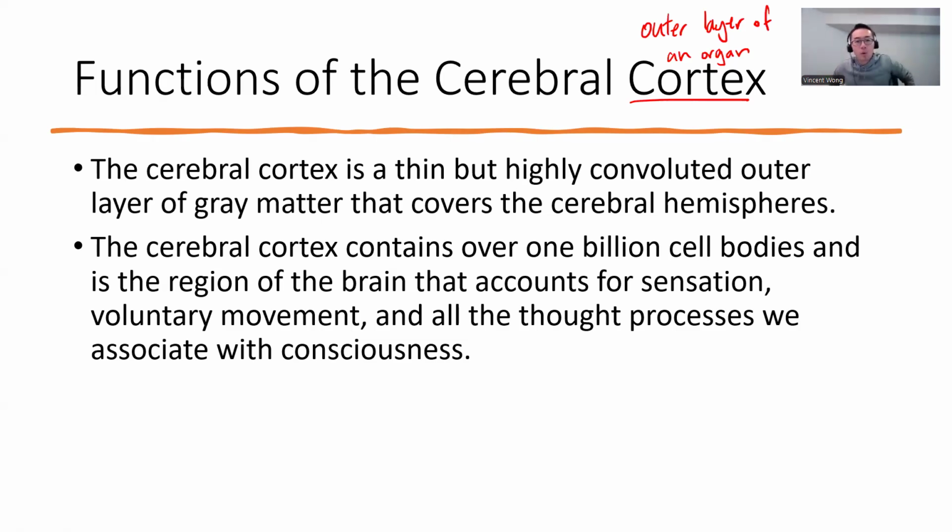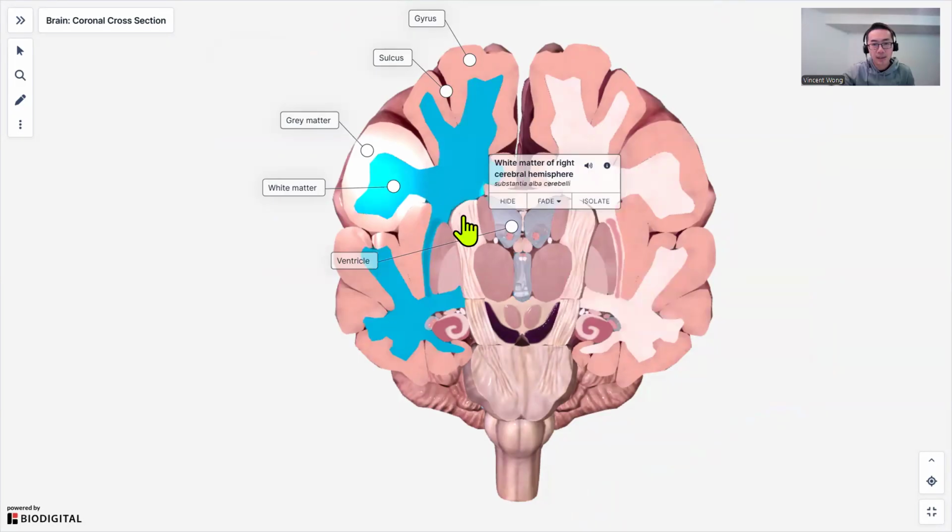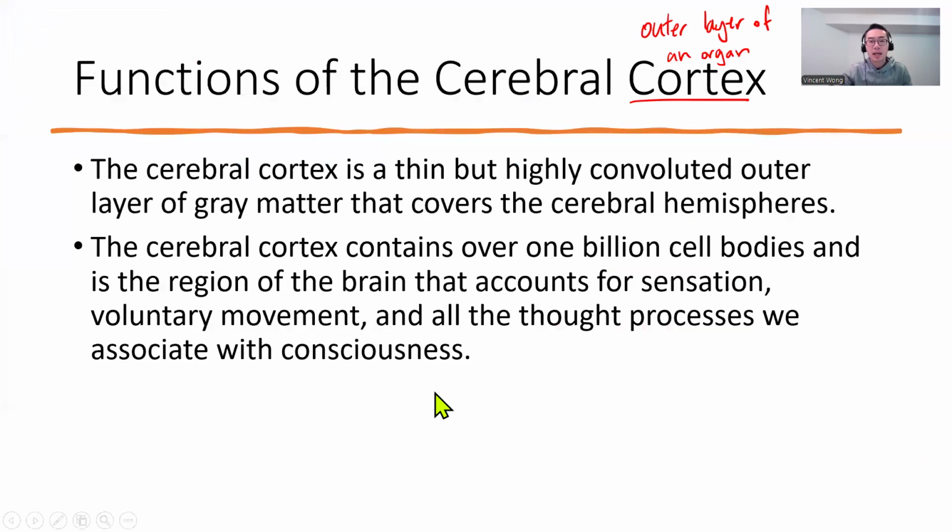Right? So the cerebral cortex is very thin. It's certainly much thinner than the white matter. You can see here, this part here, the gray matter, that's the cortex, okay? And all this stuff on the inside, that's white matter, right? So relatively speaking, the cerebral cortex is quite thin, but it has over 1 billion cell bodies in that gray matter, and it's where you will be doing very high level integration of all the senses that you are receiving from various sensory organs.